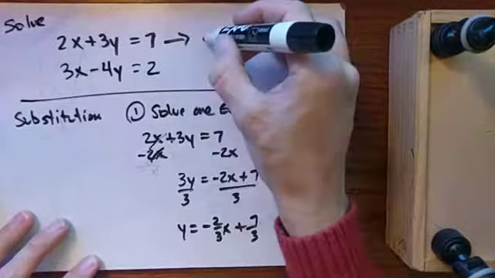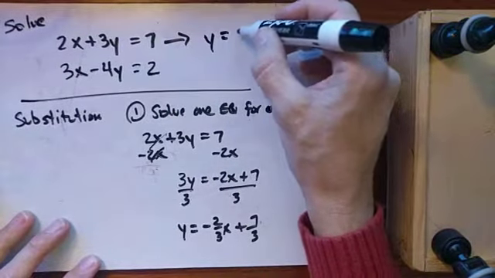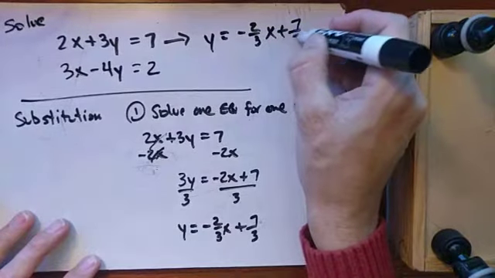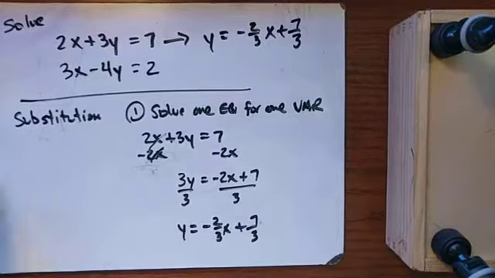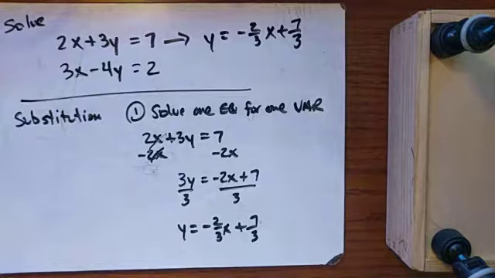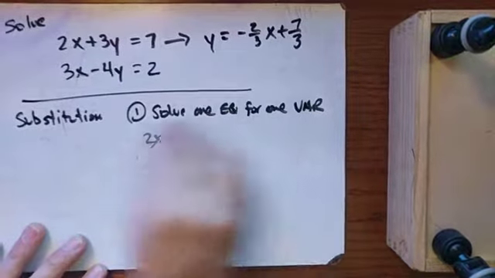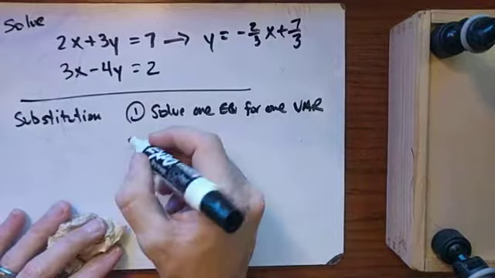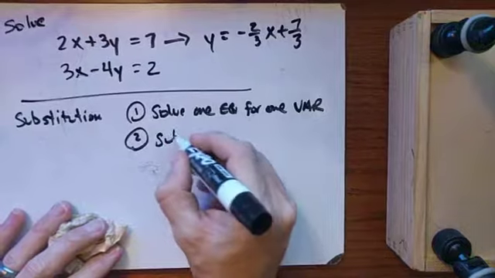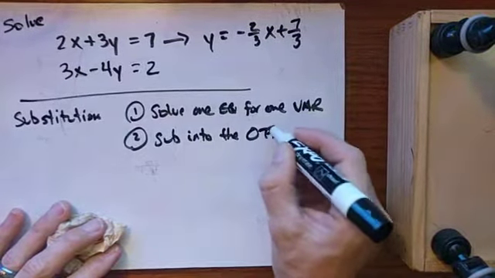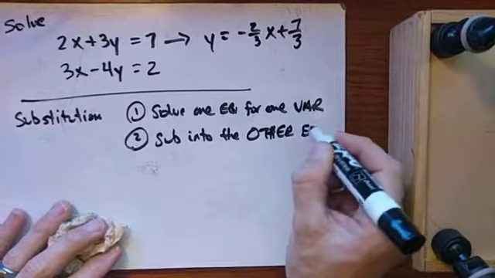So this equation rewritten now has y by itself. Okay, I took that first equation and solved it for one of the variables in it. And I could have solved for x instead of y, but we'll do it this way this time. Okay? All right, so the second step is to substitute into the other equation.